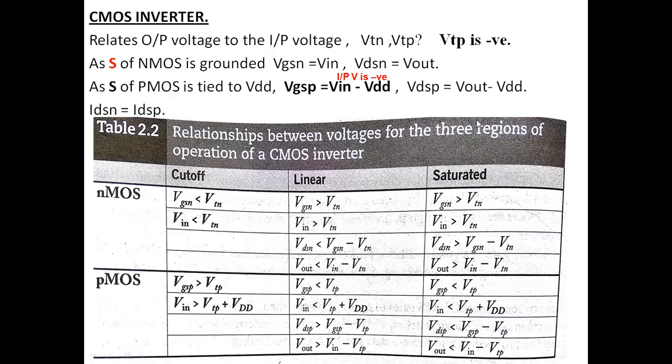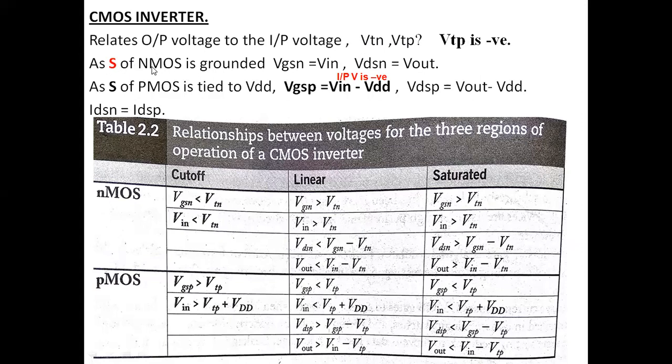Here is the relationship between voltages for the three regions of operation of a CMOS inverter, namely cutoff region, linear region, and saturated region. So this table relates output voltage to input voltage, where VTP and VTN are considered, and VTN is positive and VTP is always negative.